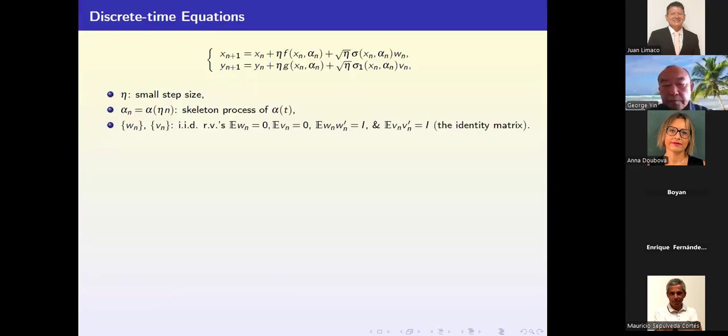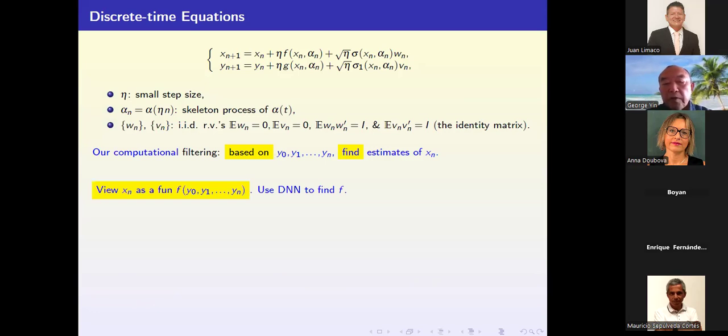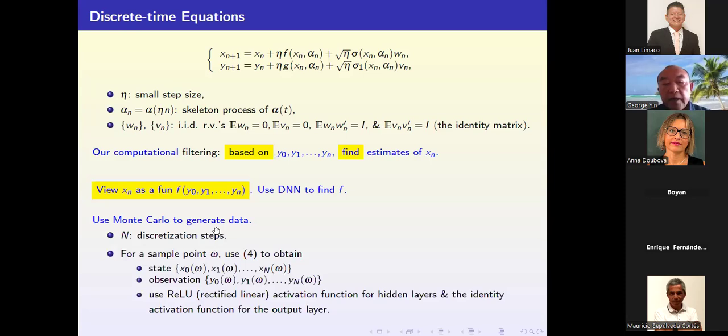So now, how do we implement that? How do we use the neural network to treat the problem? Well, we do the following. We generate those xn and yn, then we treat xn as a function of the observation y from 0 to yn.